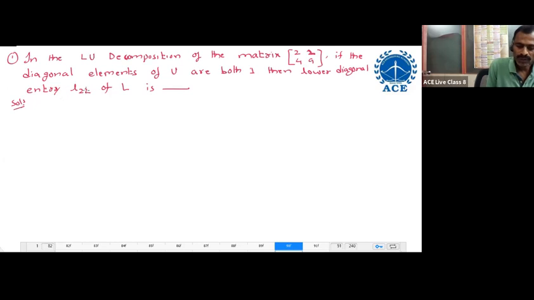Now to find one of the elements, L22 of L, according to our method, we write the matrix equal to L into U and solve for this L22. Later I will show you the shortcut method, that is the echelon form method. First we do this by Kraut's method.